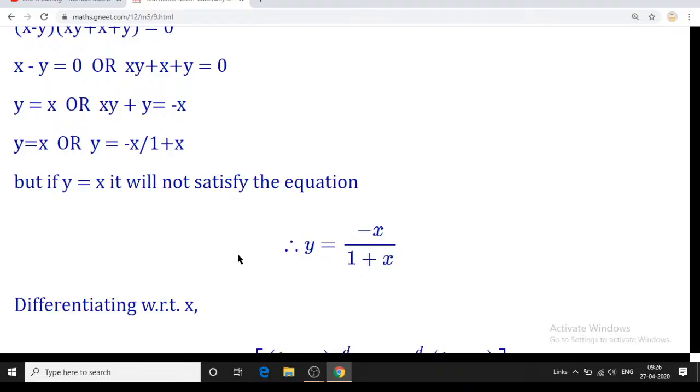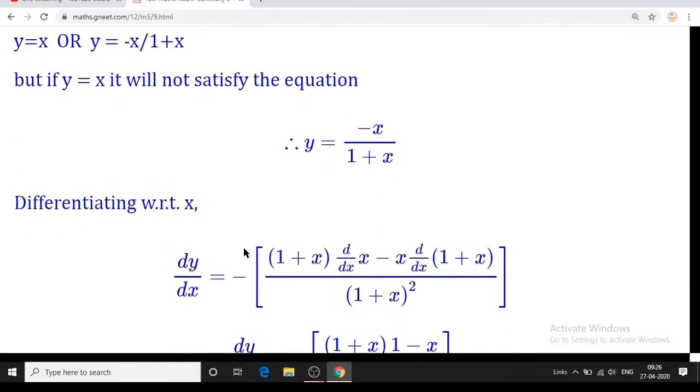Now we'll differentiate this with respect to x. Once it is simplified, it's now very easy. We have to use the u upon v formula. dy by dx, I have kept this minus sign outside. v, that is 1 plus x, derivative of x, because this minus sign we have already taken outside. So derivative of x minus x derivative of 1 plus x upon (1 plus x) square.